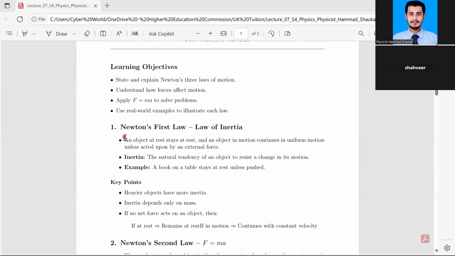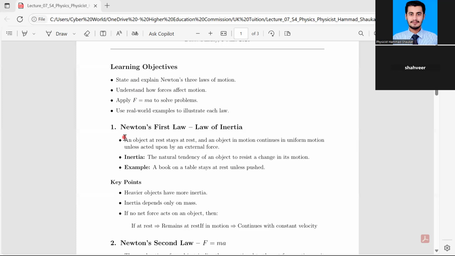Okay, so let's suppose if a body is at rest, it always remains at rest. Okay, it never accelerates, it's not gonna be in motion until you provide an external force, and when you apply some external force to that body, then the state of the body changes from rest to motion.